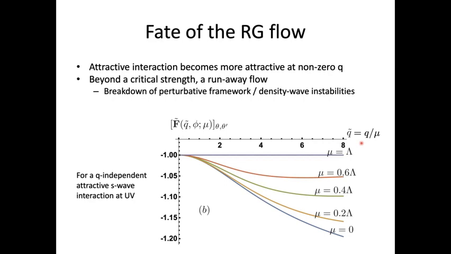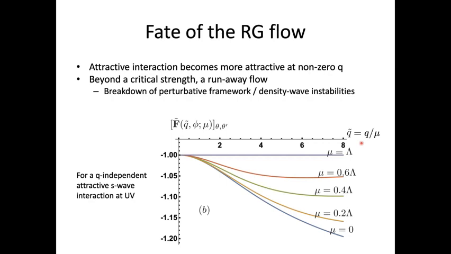So the Pomeranchuk instability is driven by Q equals 0, that is, forward scattering interaction, while a density wave with some finite wave vector doesn't come from forward scattering, if I'm not mistaken. You need interactions that transfer some finite momentum Q. Right. So I don't see that you can have density waves here, but I would expect that you somehow get the Pomeranchuk instabilities if you have sufficiently strongly attractive forward scattering couplings.